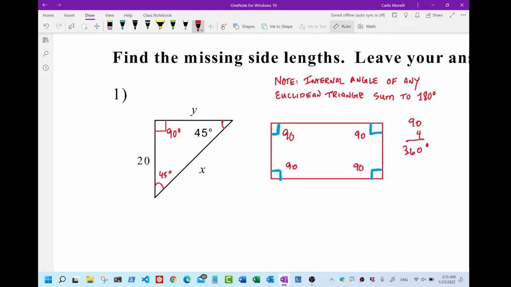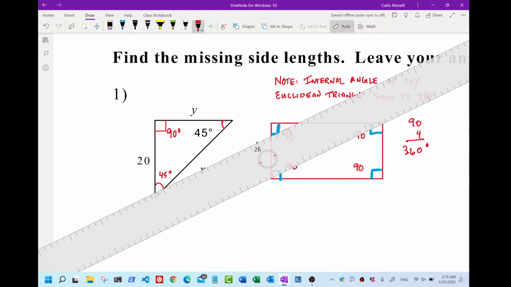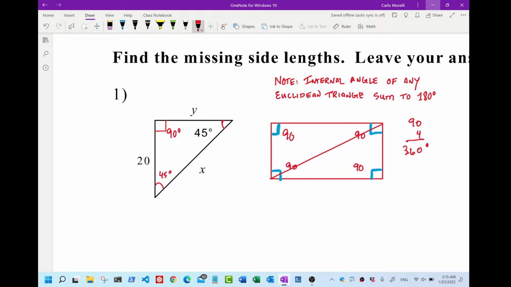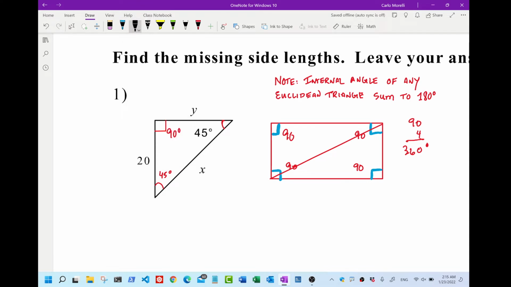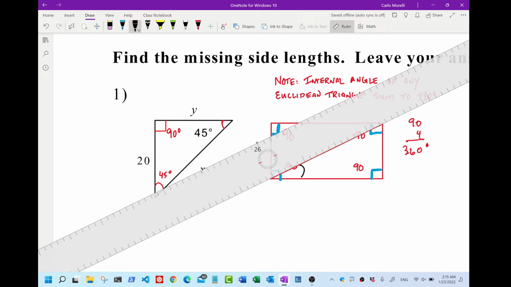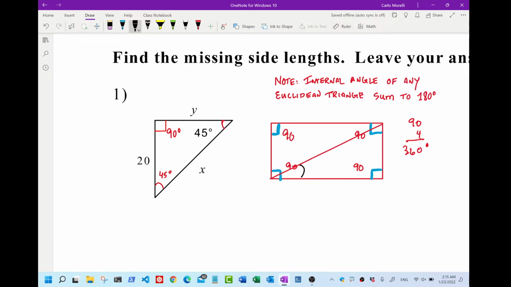Well, okay, fine. So now if I cut that rectangle in half diagonally, what have I got? Now the angles here are cut down, and so I don't necessarily know these angles. I can, that's 26 degrees, right? So this is 26 degrees. This is still 90 degrees.